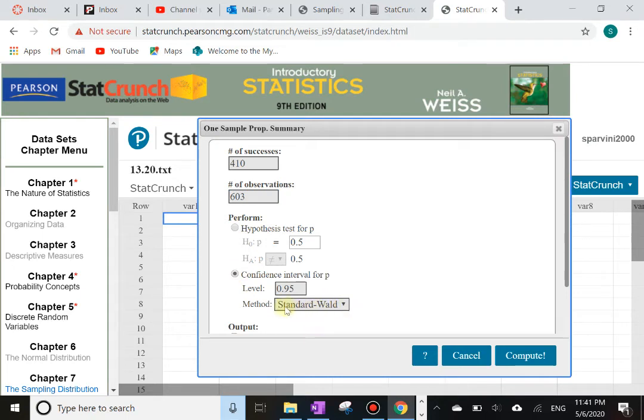Standard confidence interval, the standard Wald. Now, it's called a standard Wald because remember, if you go back and look at my notebook, I had also in my list of other approximations the adjusted Wald. This is not an adjusted Wald confidence interval. This is the standard one before any adjustments are made.